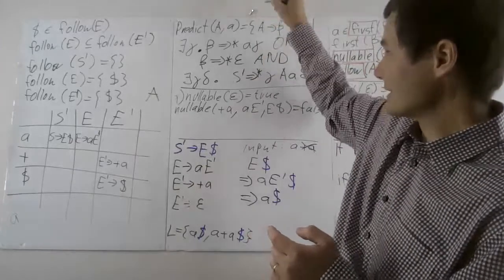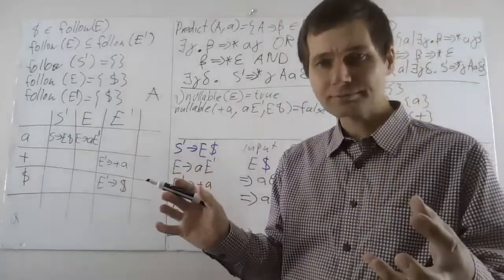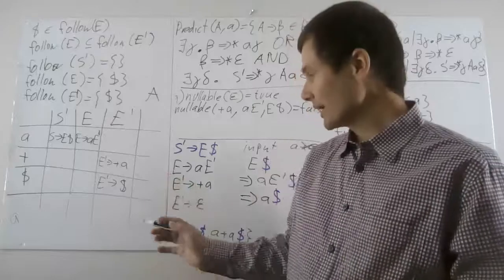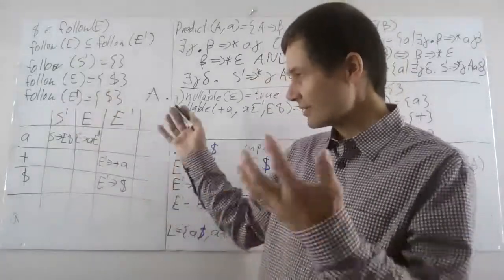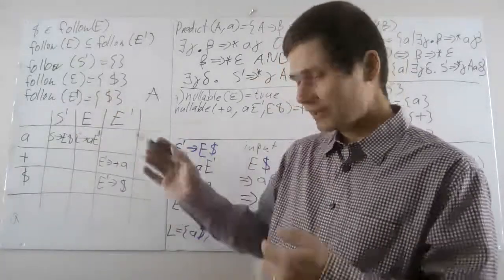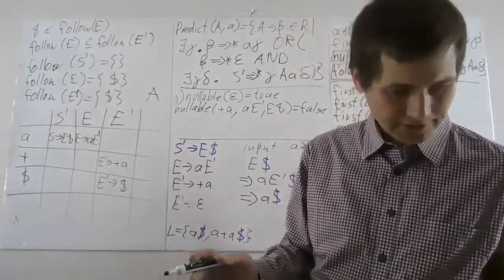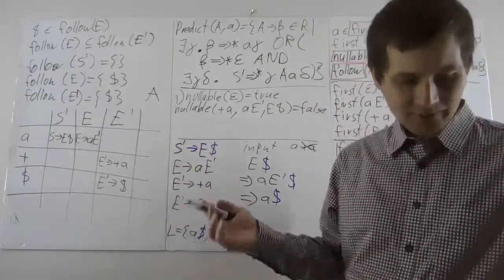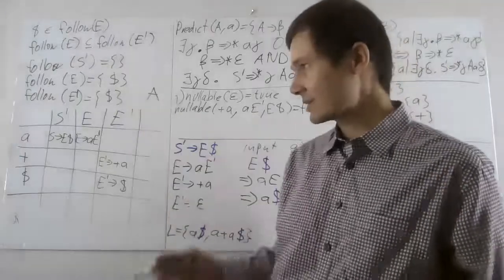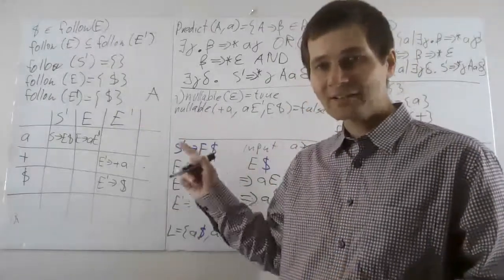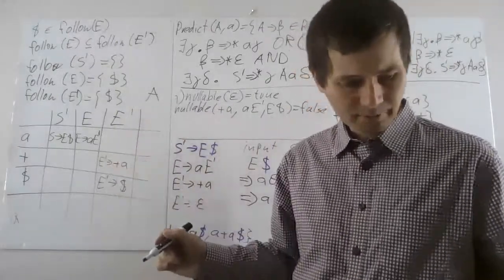There's a curly brace here, so it's a set of rules. But in this particular case, each set is either of size 0 or 1. And that's good because that means using this table, I always know exactly which rule to pick.